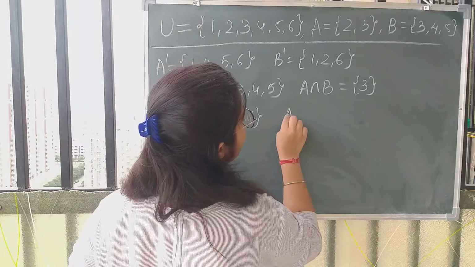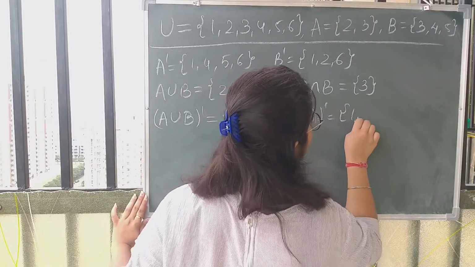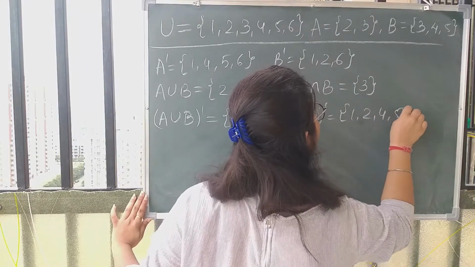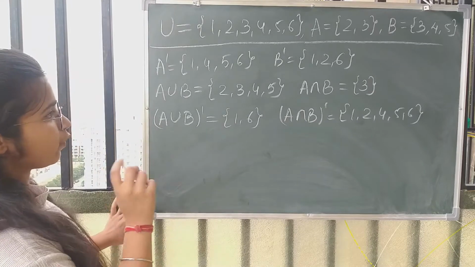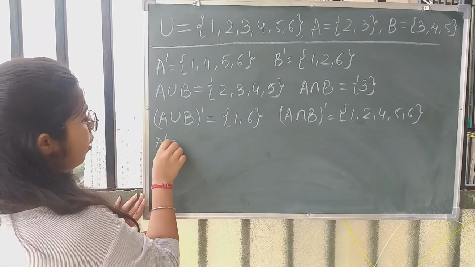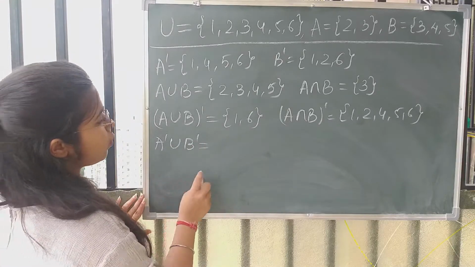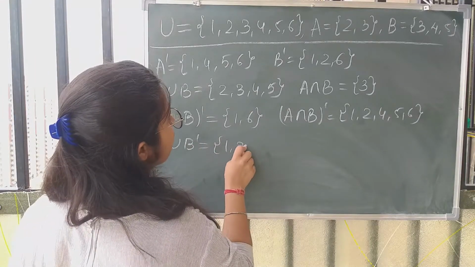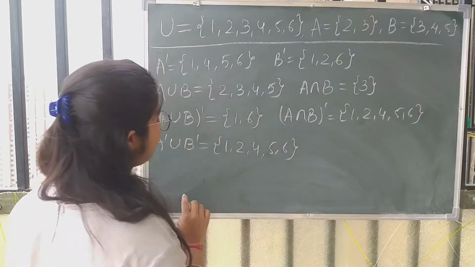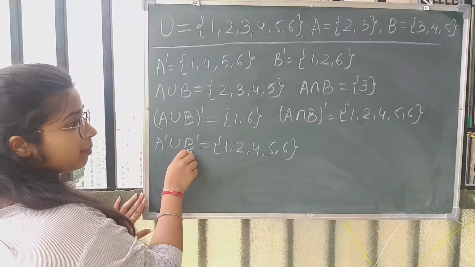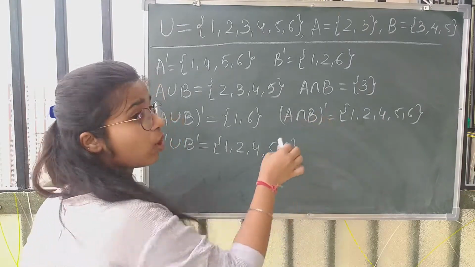If we find out the complement of A intersection B, we get 1, 2, 4, 5, 6. Now you can see that if we find out A complement union B complement, that comes out to be 1, 2, 4, 5, 6, and you can see that A complement union B complement is coming out just the same as A intersection B's complement.